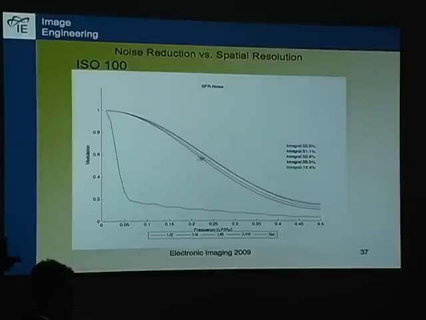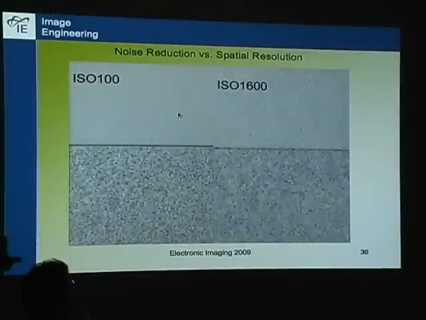And this is the power spectrum of the white noise at ISO 100 taken with that camera, of the white noise patches with the different contrast levels. And this is the power spectrum of the gray, the uniform gray patch up here.